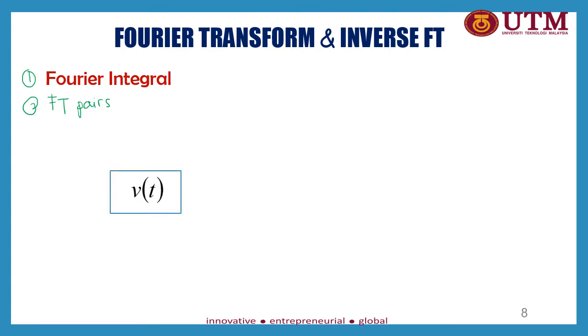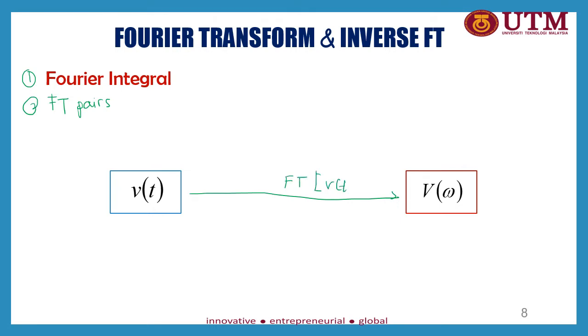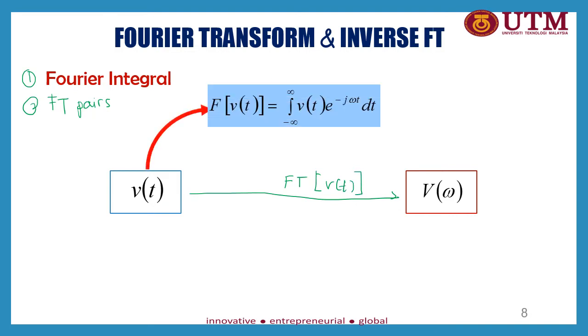When you have a signal in the time domain, v(t), to get the spectrum in the frequency domain, or the Fourier transform of v(t), you need to perform integration of the signal in the time domain multiplied by e to the minus j omega t dt.